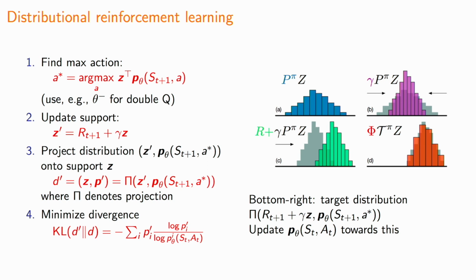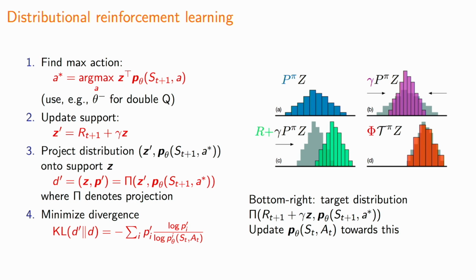And then what we'll do is update the support, and this is depicted in the picture on the right, which means we have a certain distribution, which is here depicted as a bar plot, but it's actually more like a comb, but this is easier to visualize. And then what we basically do is first shrink that according to our discount factor, and then shift it according to the reward.